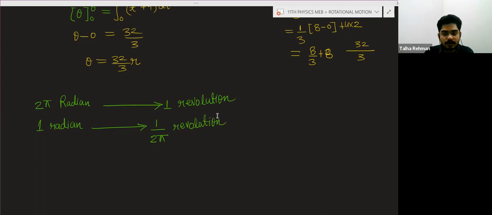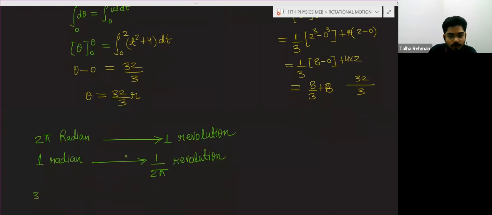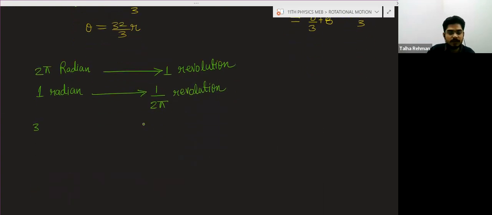So they are asking how many radians the rod covers: 32 divided by 3. See here, in 1 radian, this much of revolution. In 32 by 3 radian, it will become 1 upon 2 pi times 32 by 3 revolution.